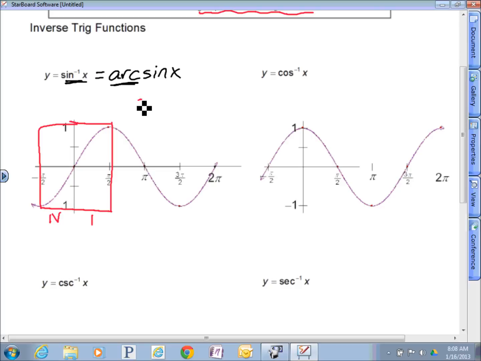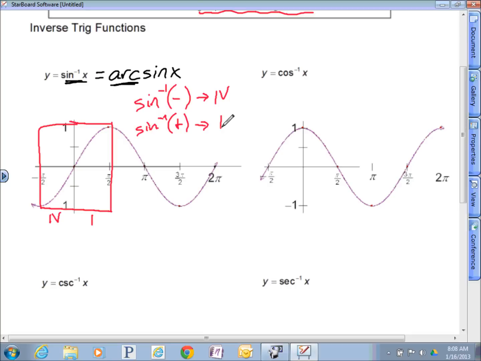So sine inverse of a negative number gives an answer from quadrant 4, and sine inverse of a positive number gives an answer from quadrant 1. We're limiting the domain because we want a 1-to-1 function that is continuous. Everything is positive in quadrant 1, so we use that, and in order to have a continuous function, we also use quadrant 4.